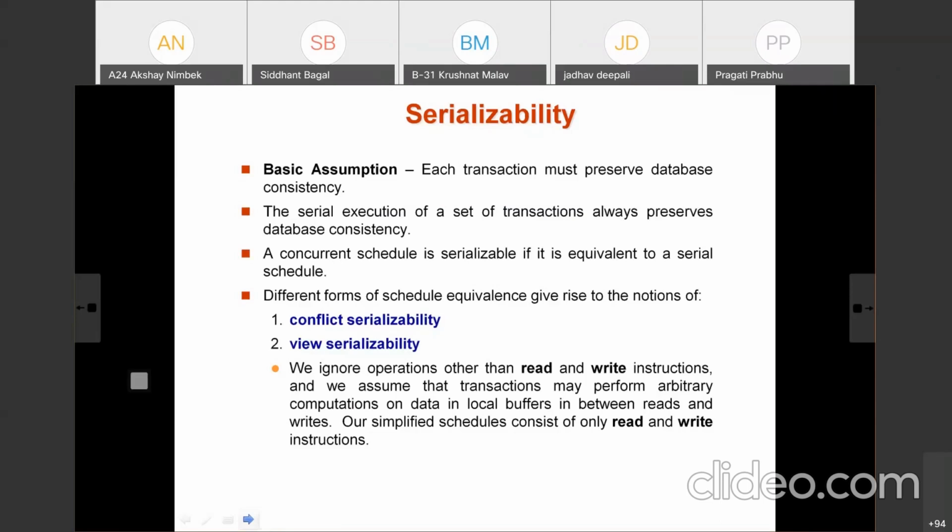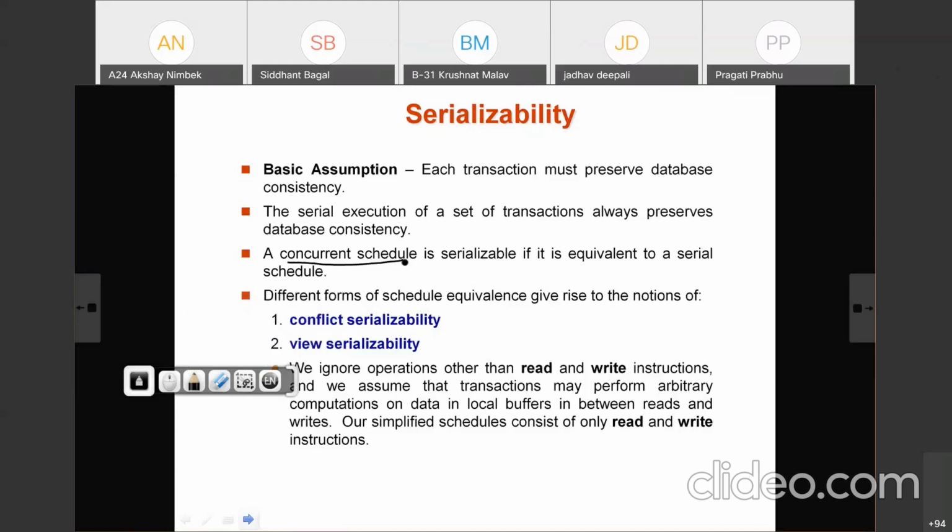And that's why we need to identify whether the concurrent schedule is equivalent to a serial schedule. If it is equivalent to a serial schedule, then it results in data consistency. How do we identify whether the concurrent schedule results in data consistency? We check whether it is equivalent to a serial schedule.